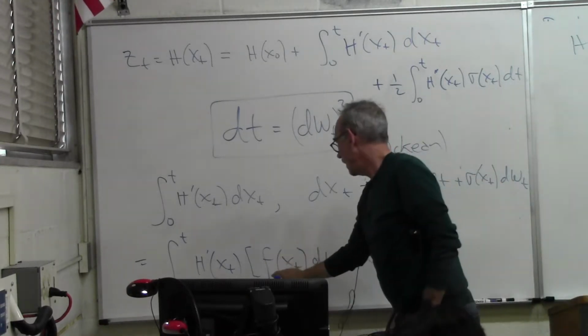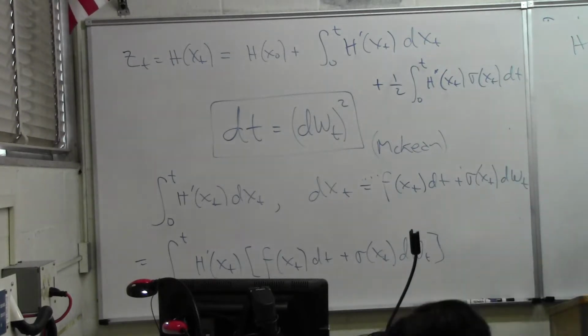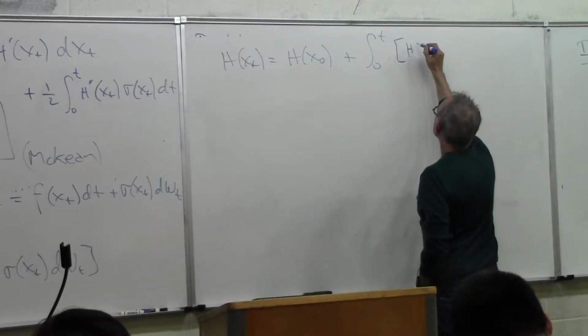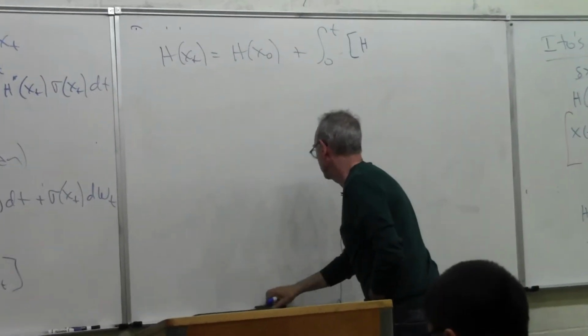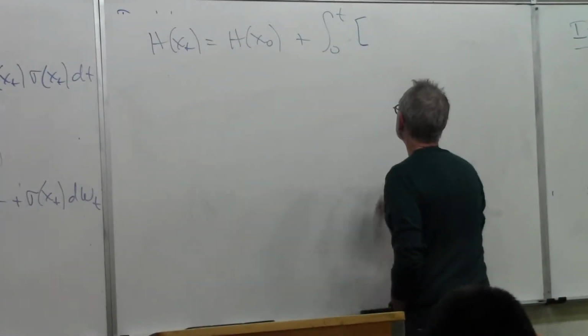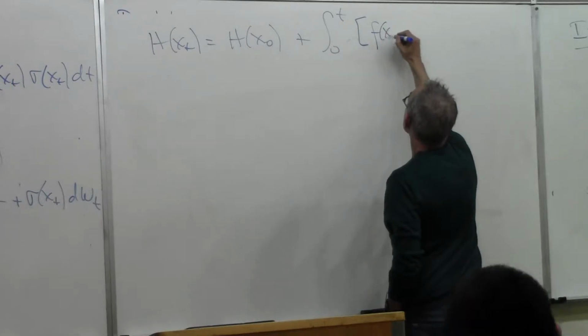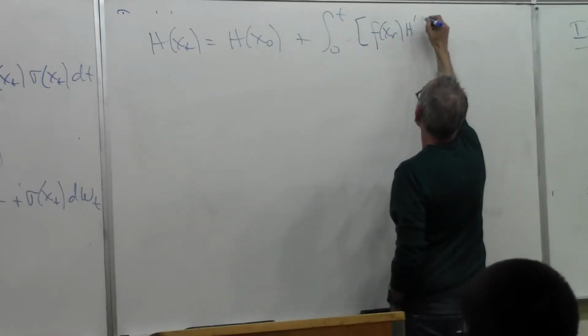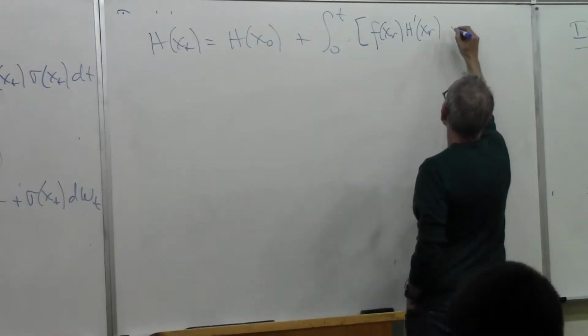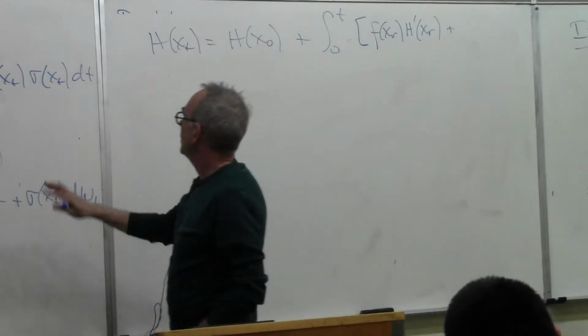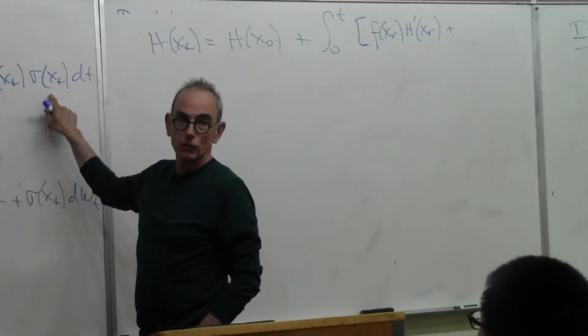So I've got a f times h prime. And then another one here with the second derivative.